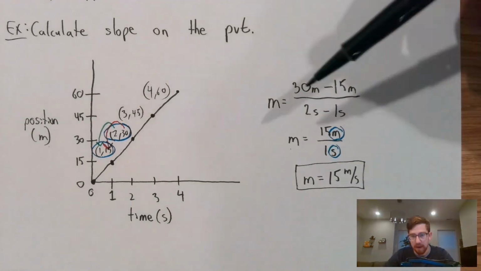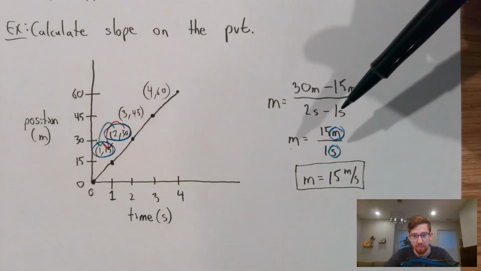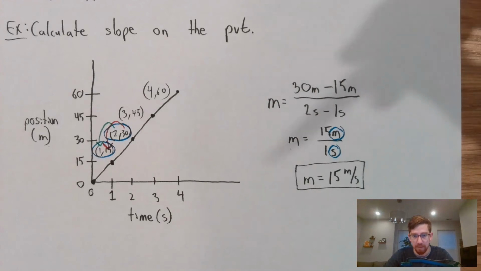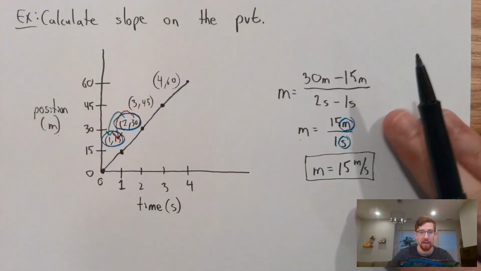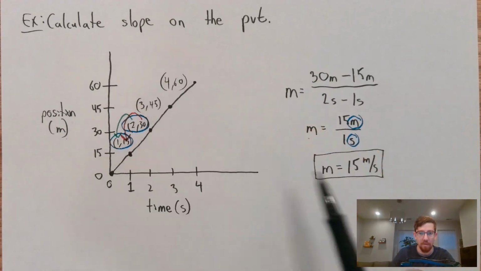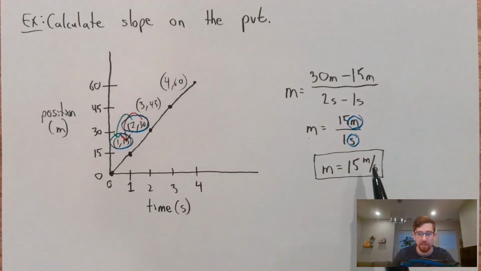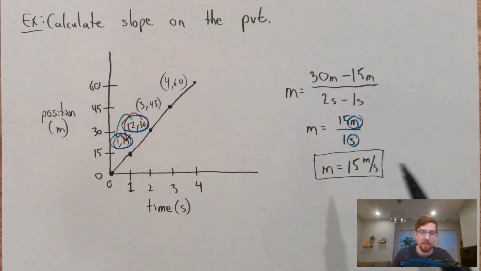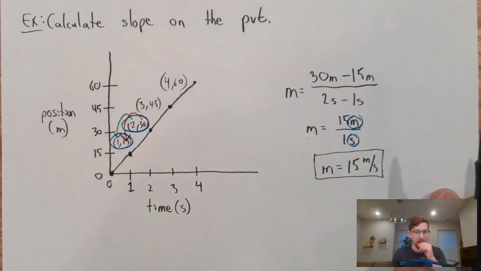So you can carry the units along in your calculation if you want, or you can just memorize this. The fact that on a position versus time graph, we're always going to get a unit of meters per second. Basically, on a position versus time graph, we're always going to have velocity. So that's the fact that I want you to memorize here.